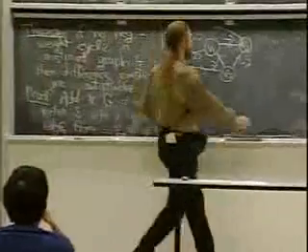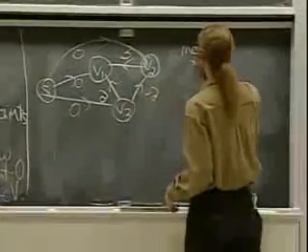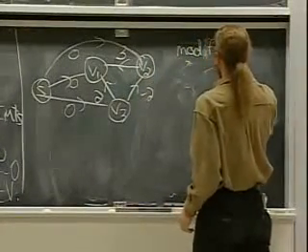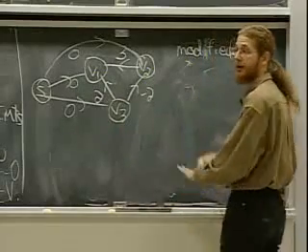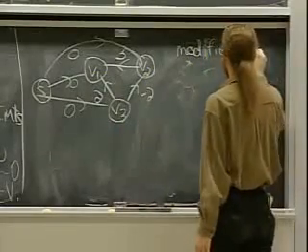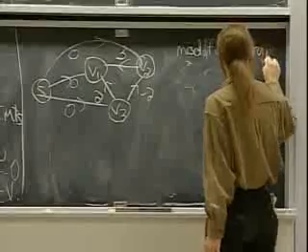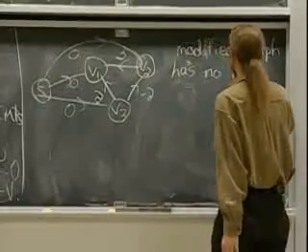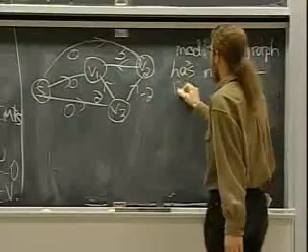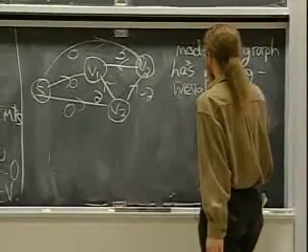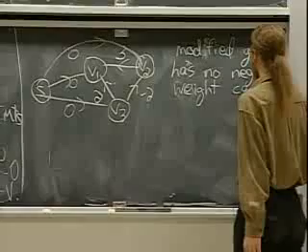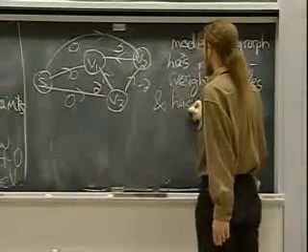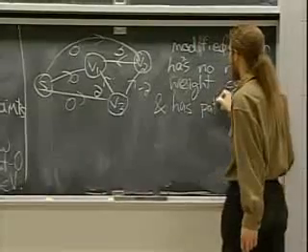So the modified graph has no negative weight cycles, because it didn't before, and it has paths from S.